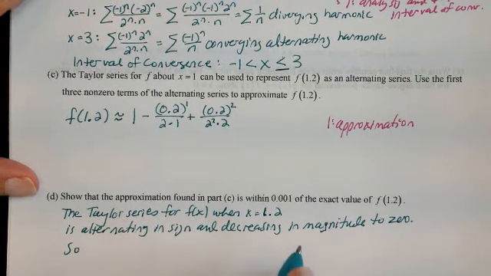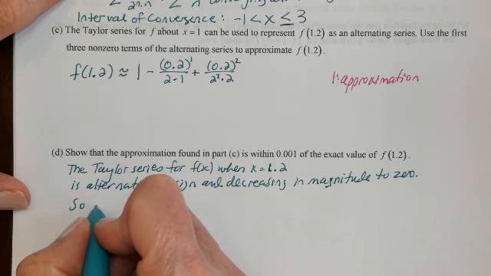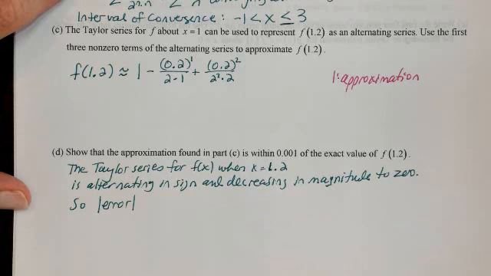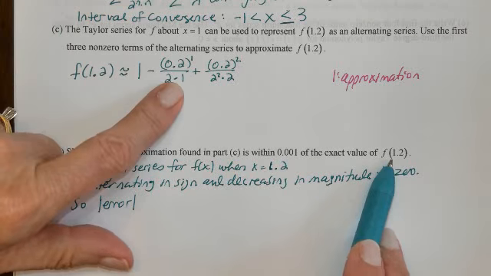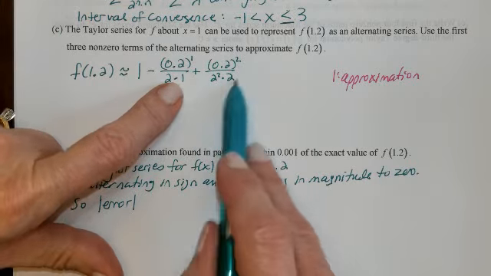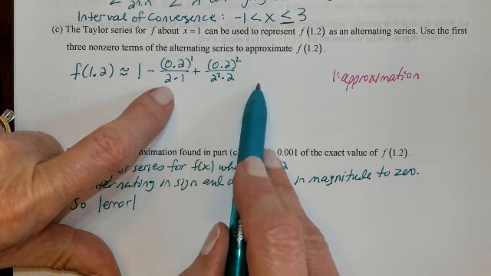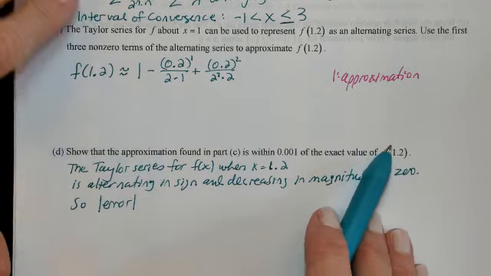So the error, I'm going to say error like this. This is how we did it in class. You could also use this minus our approximation. If I was using that, then I would name this approximation something, maybe p sub 2 of 1.2, something like that.